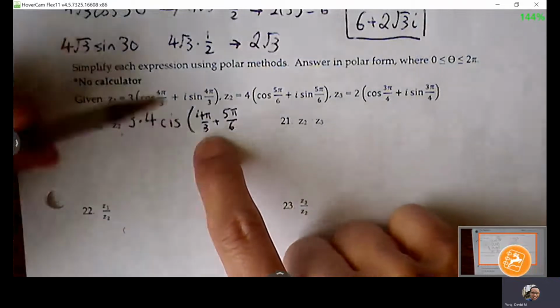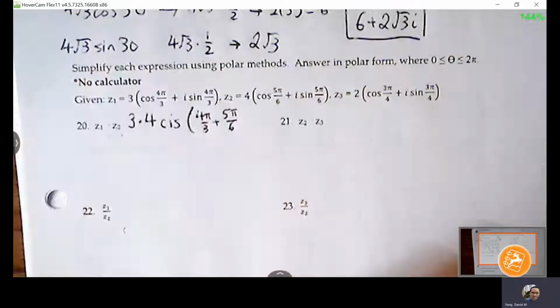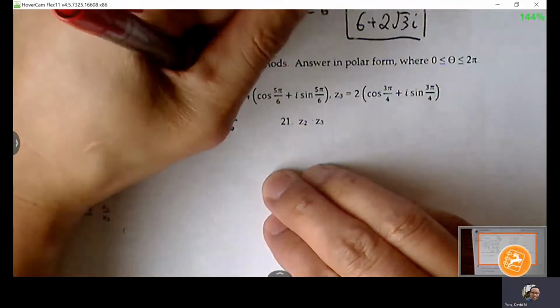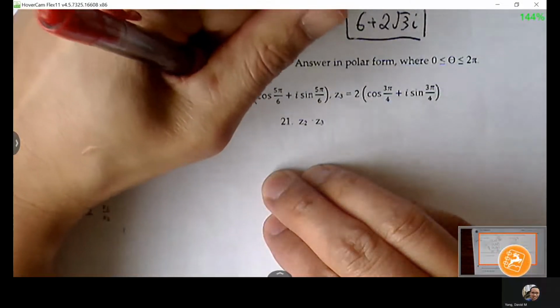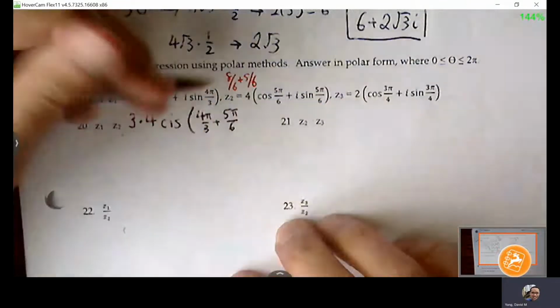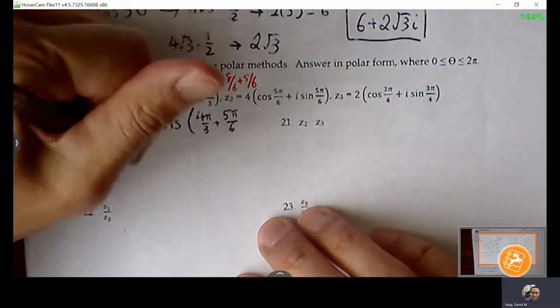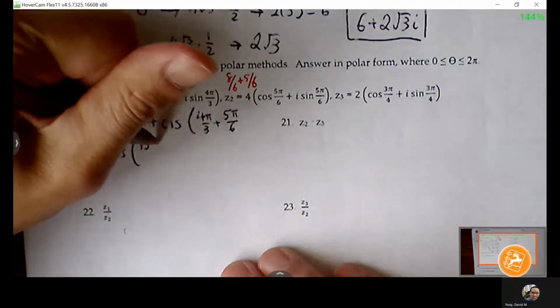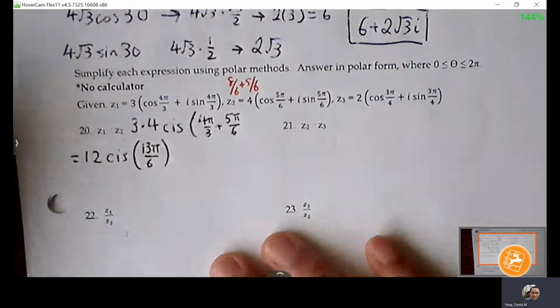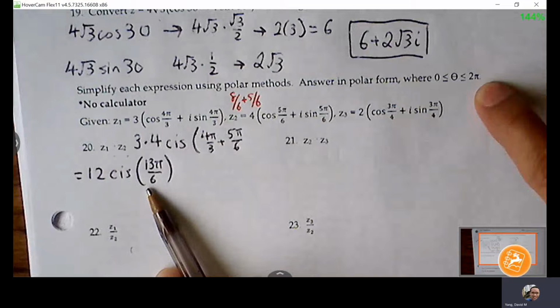This is 8/6 plus 5/6, which is equal to what? 13/6. Yeah. Okay, so let's write that down for now. But you're right, 13/6 is more than 2 pi.